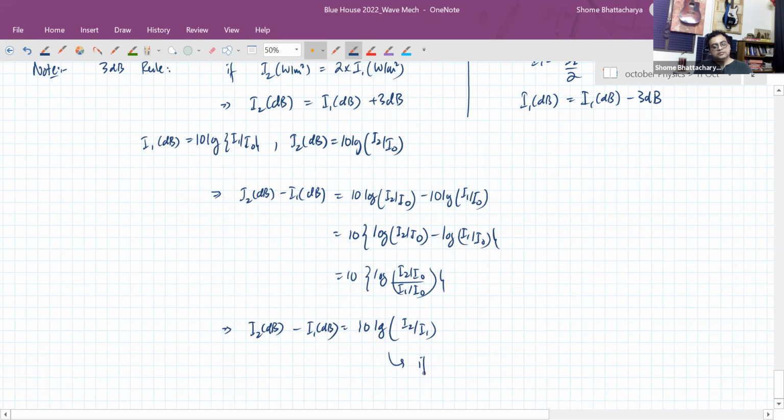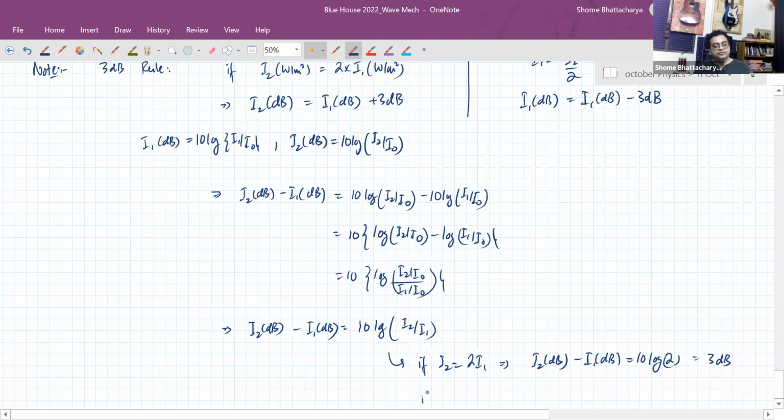From here you can see that if I2 is equal to twice of I1, then I2 in decibel minus I1 in decibel is 10 log 2, which is 3.